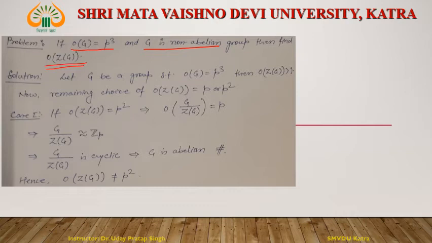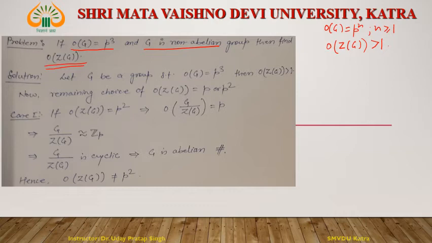Remember that if order of G is P to the power n, n greater than or equal to 1, then order of Z(G) of such a group is greater than 1, meaning Z(G) contains more than one element. What is Z(G)?